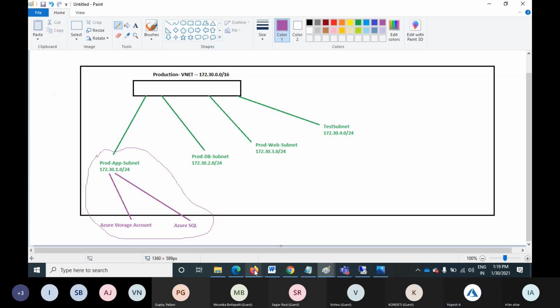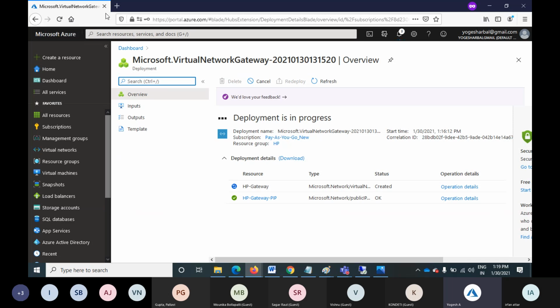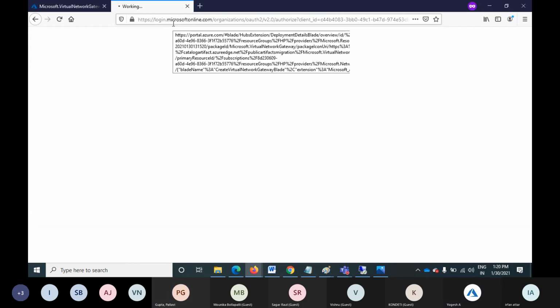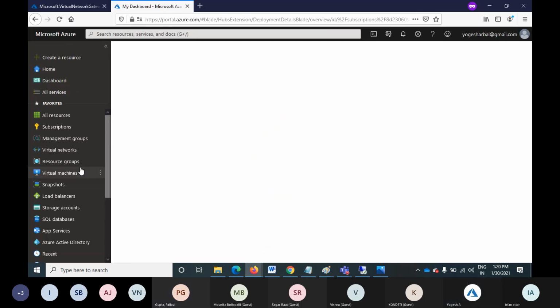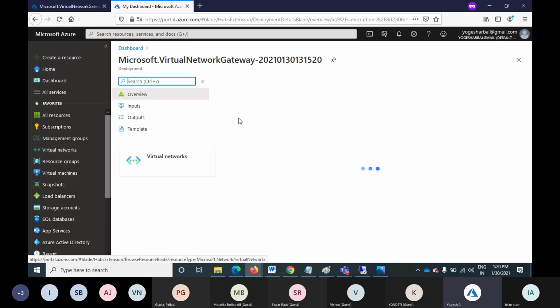I can demonstrate here. See, duplicate tab. So let's create one more subnet. Go to virtual network.